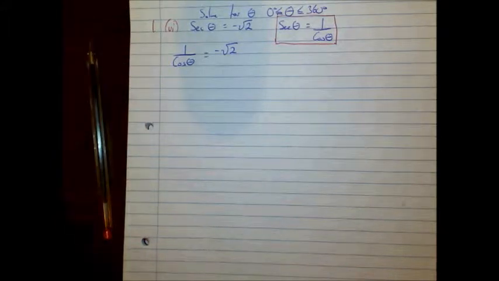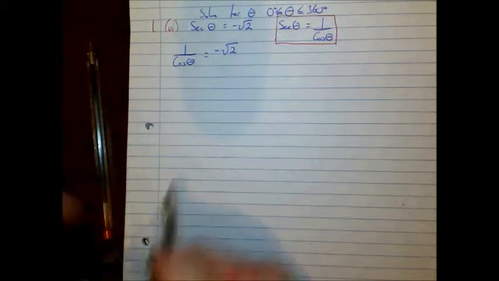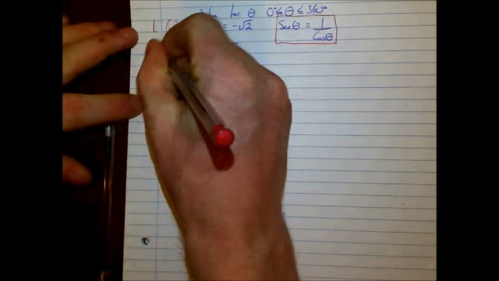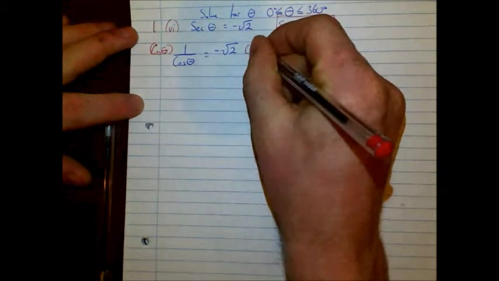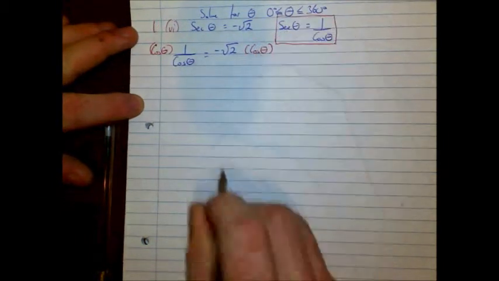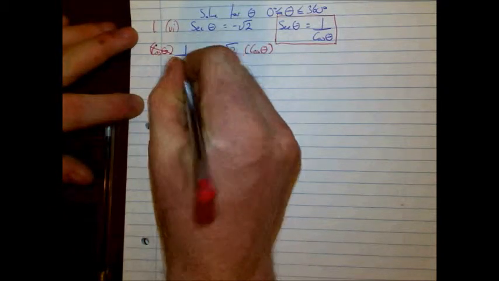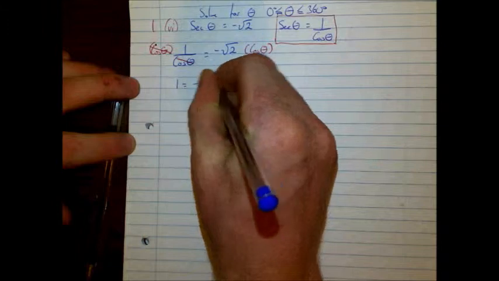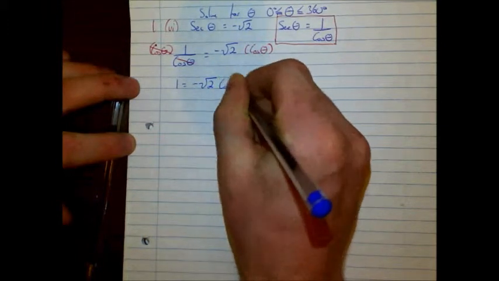Now, we're only used to dealing with them when cos theta is above the line. So in order to get it above the line, I multiply both sides by cos theta. Multiply this side here by cos theta as well. So what will happen here? They'll disappear. So you're left with 1 is equal to minus root 2 cos theta.